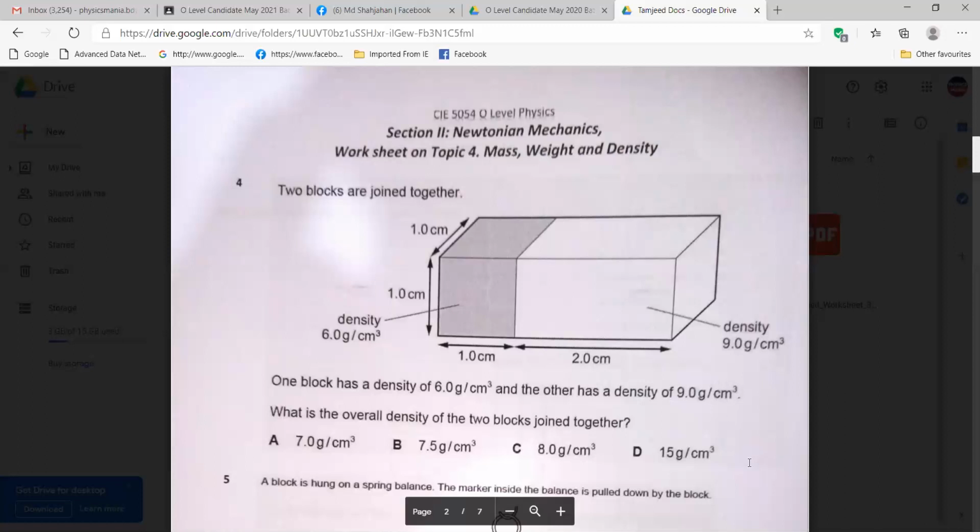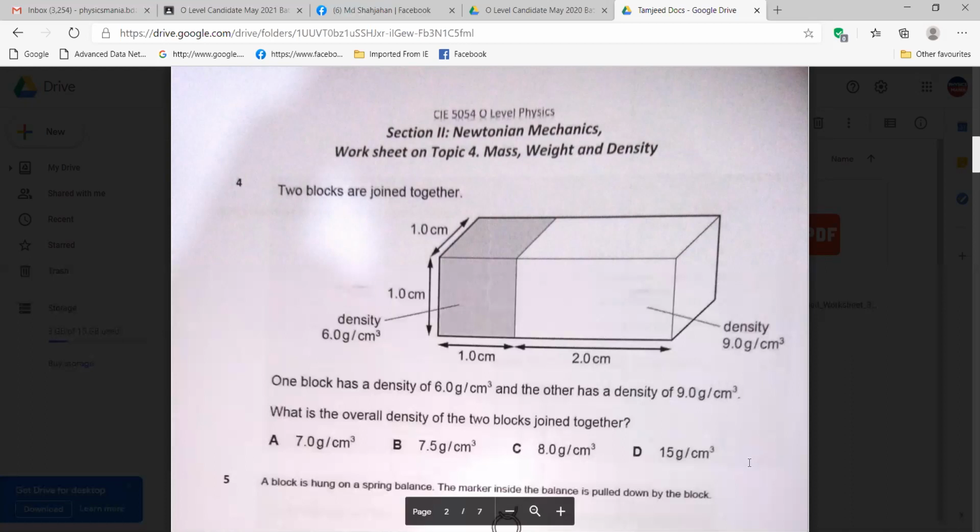Now, overall density means you have to find overall mass and overall volume. That gives you overall density. So how to get overall mass? Find the mass of the 2 blocks individually.